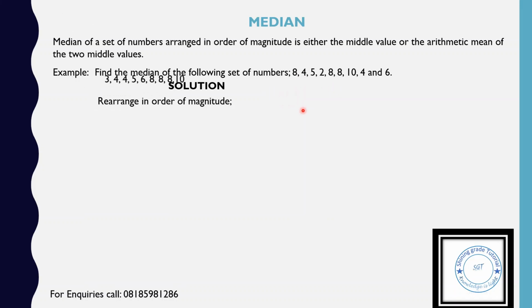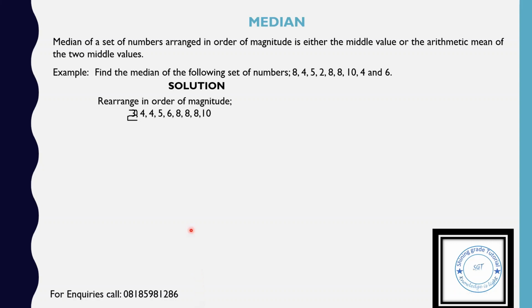So we arrange them here now in ascending order. The lowest is supposed to be 2.